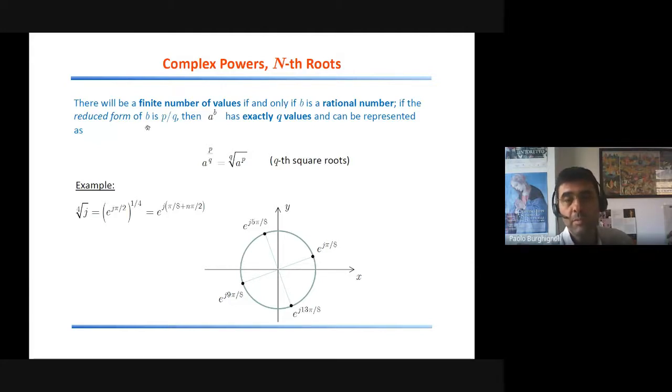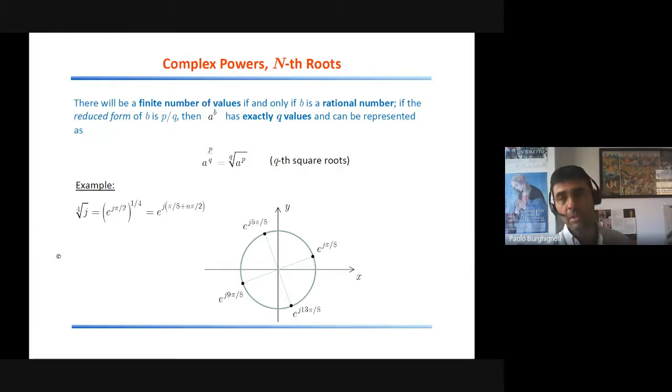So if your exponent b is cast in the form p over q, where p and q are natural numbers, and if this is a reduced fraction, then your power will have exactly q values, and those can be represented as a qth root. So a qth root, that's not a square root, but a qth root, that's a typo. And those q order roots actually are placed along a circle in the complex plane. They are equispaced along the circle.